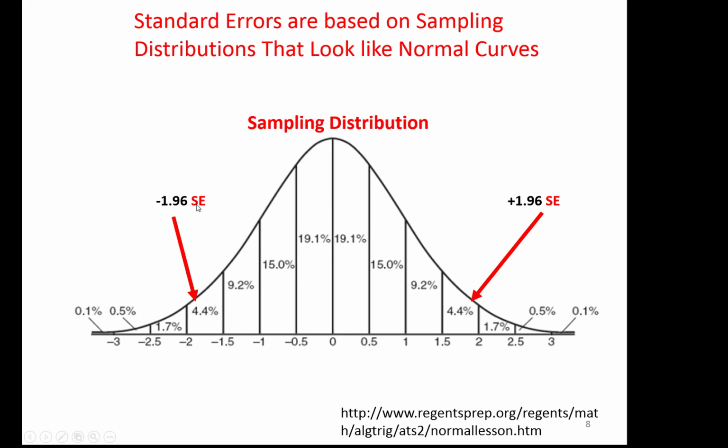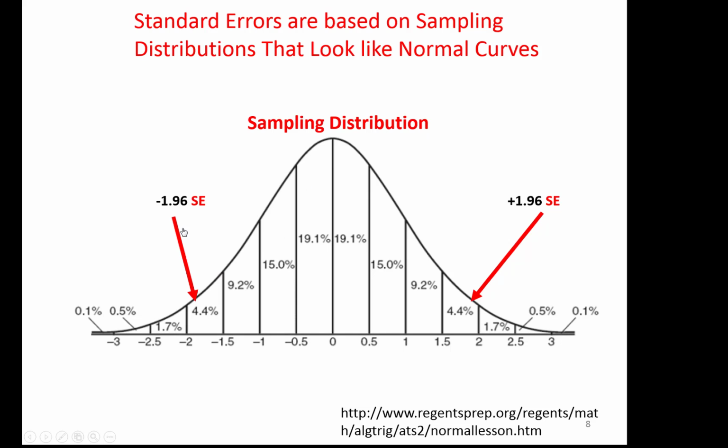We talked about standard errors when we talked about the confidence intervals in the statistics lecture in the last module. A standard error is calculated by taking a standard deviation and dividing it by the square root of n. But this is a sampling distribution. A sampling distribution is something that's never calculated. It's assumed for various statistics.